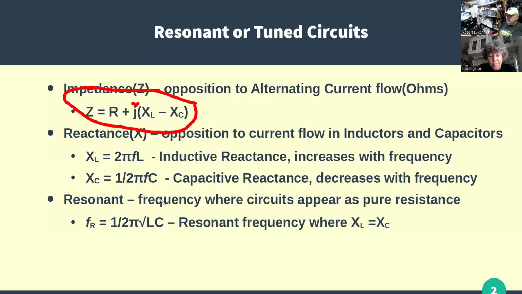But it turns out that when the inductive and capacitive reactances are equal, that's what we call resonance. And if you actually do the algebra to put these together, you can come up with the formula for resonance. So that resonant frequency is 1 over 2 times pi times the square root of the product of the inductance and capacitance.